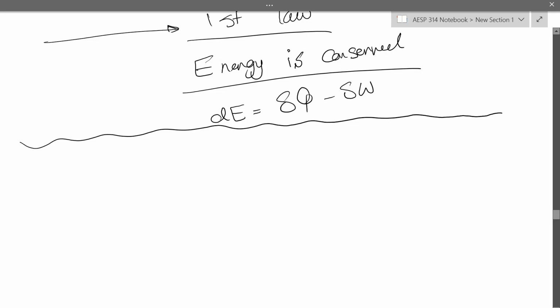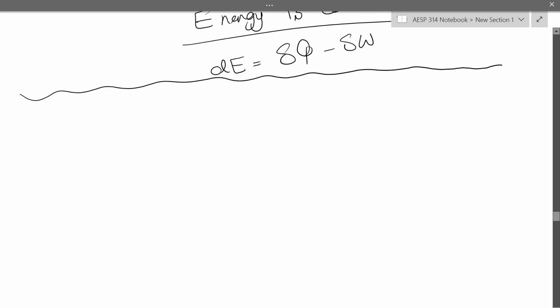Okay. But that is not something that happens in real life, right? So you can see that the first law is not very complete. We need to be able to account for the things we call irreversibilities, meaning that there will be some waste in that conversion of heat to work.